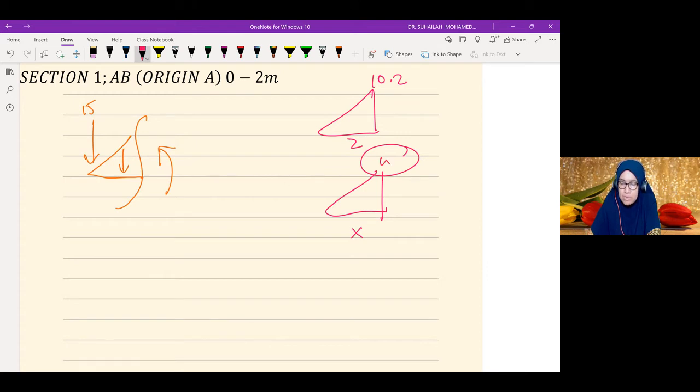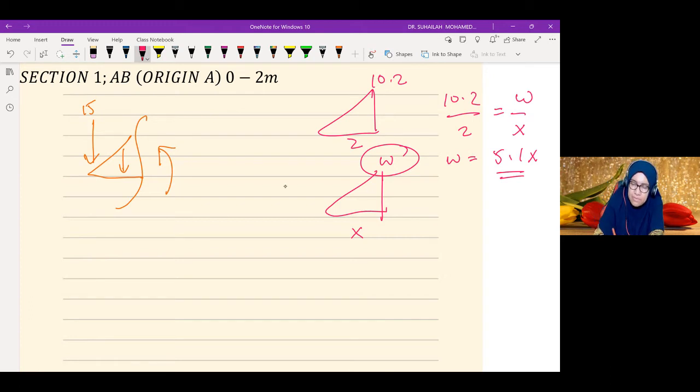The new value here is the new W. So 10.2 divided by 2 is W divided by X. So W is equal to 5.1x.